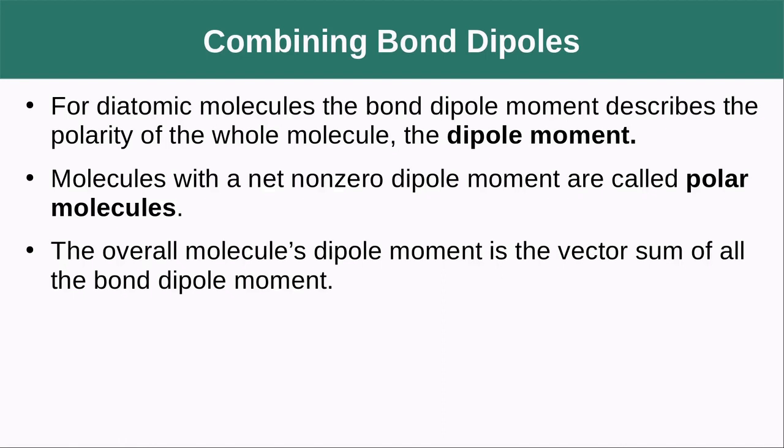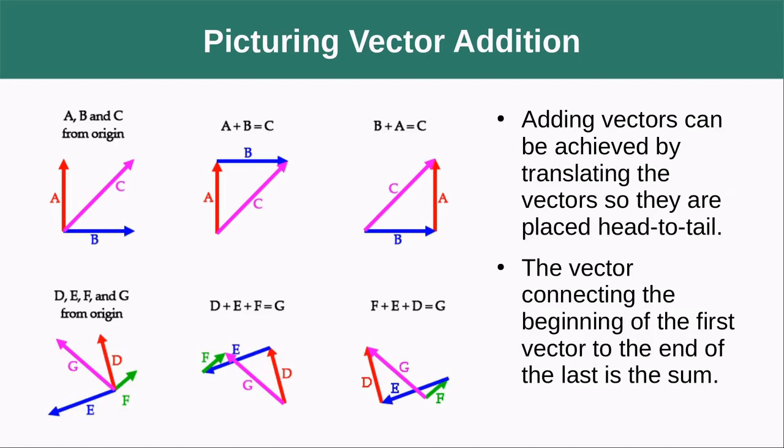And to do that, we have to sum our vectors. So let's talk about what vector summation looks like. You guys may have seen this in physics. If I have vector A and I have vector B, the sum of them is going to be vector C. How do I know that the sum is C?